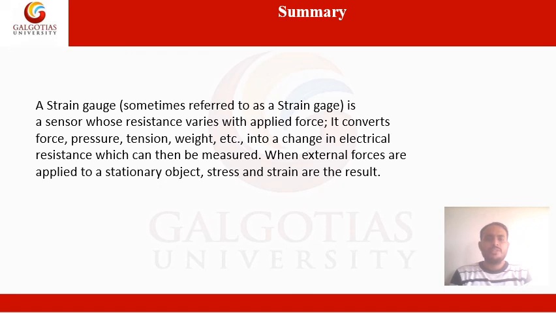The strain gauge is basically a sensor based upon the variation in resistance with the application of force, where it converts force, pressure, tension, and deformation into a change in electrical resistance which can be measured. When an external force is applied to a stationary object, stress and strain are the result. So these strains are calculated from the change in resistance of a metallic wire.